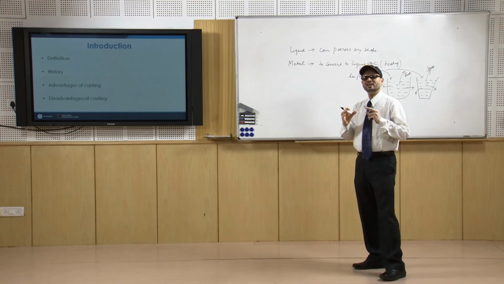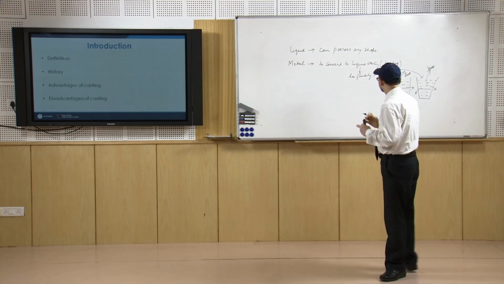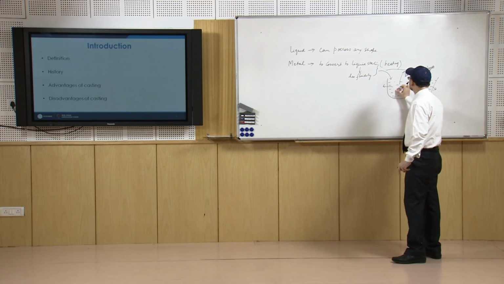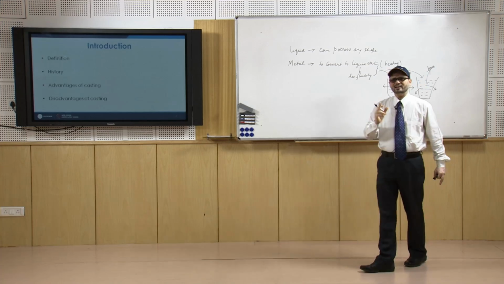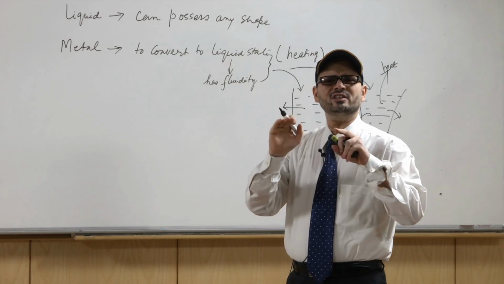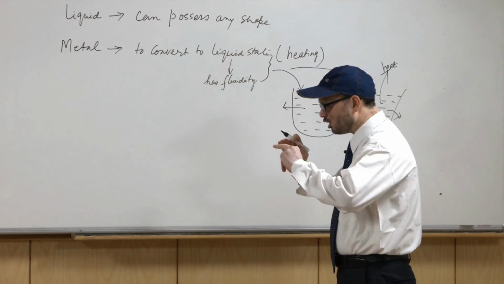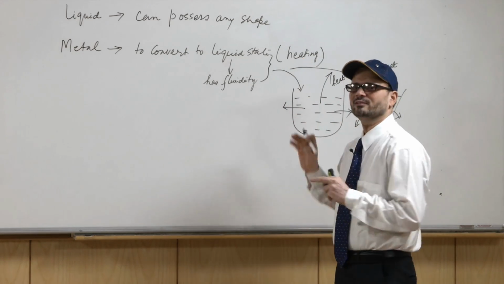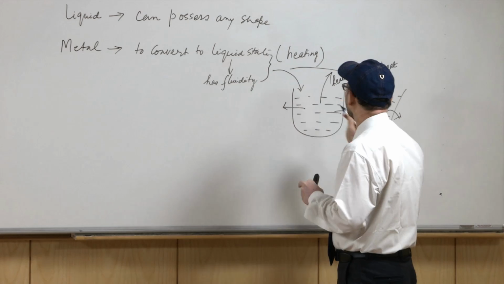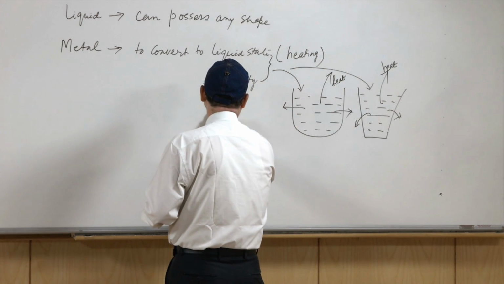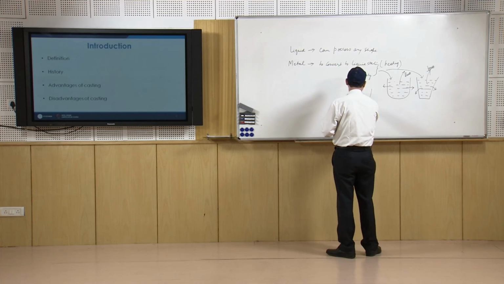After losing the heat to the surroundings, basically a state comes when it is coming at its melting temperature. So, that is known as an equilibrium temperature, below which the metal will be solidified and it will come in a solid state. So, it will be a solidified structure.